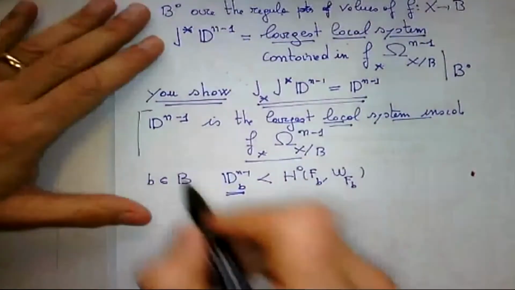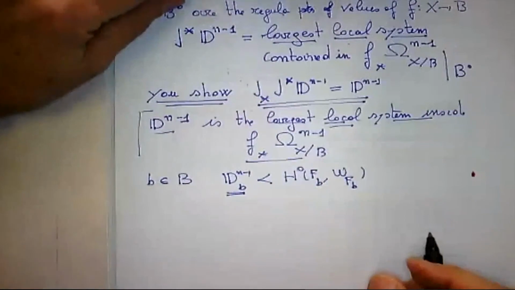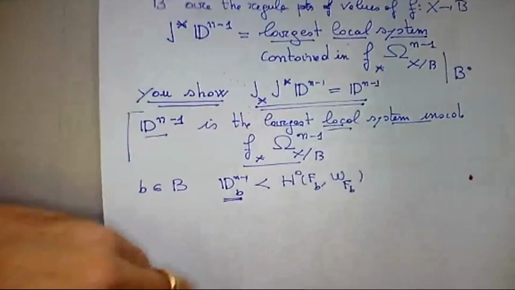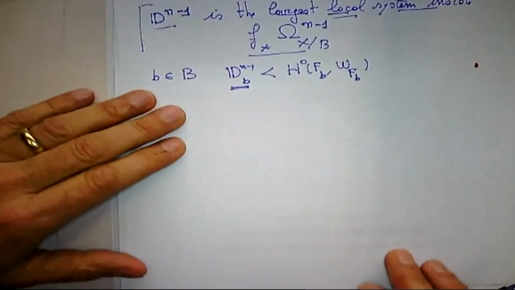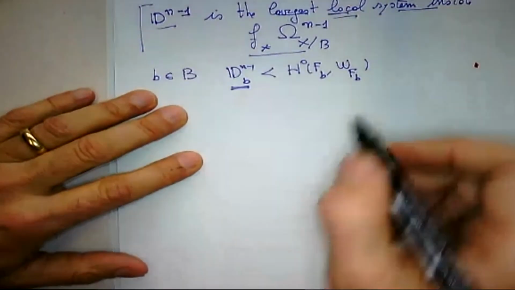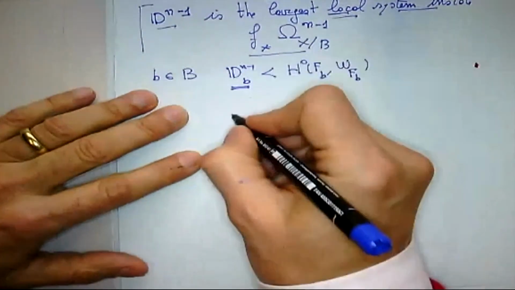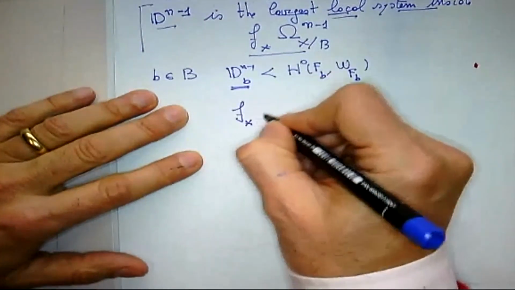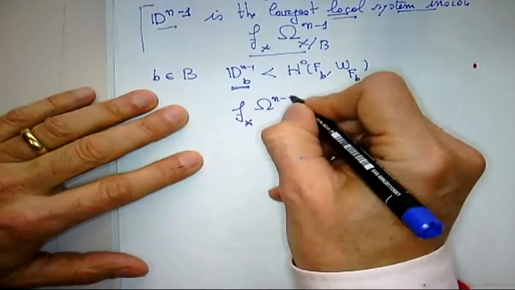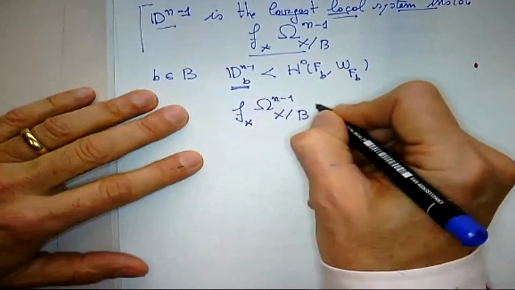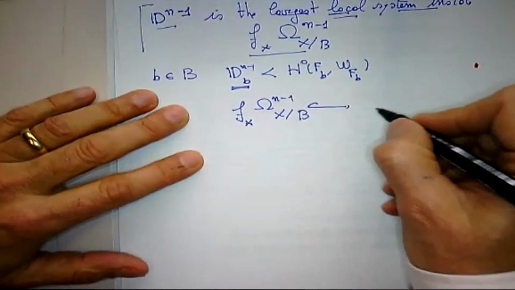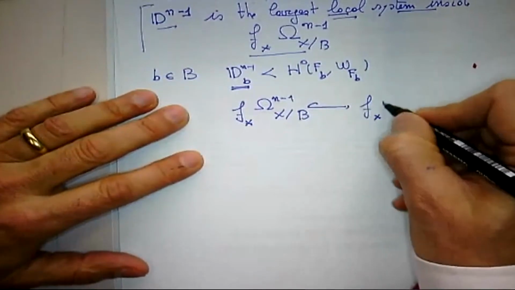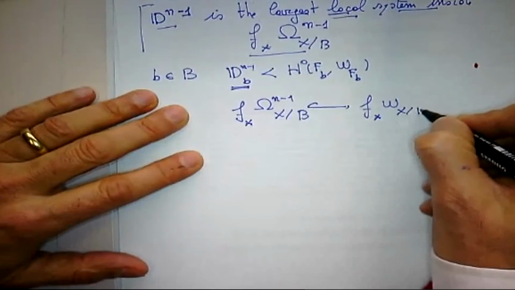Why is this object important? Clearly, because from all the sequence I've shown you, but otherwise take it for granted for the moment, because it's purely linear algebra, you have an inclusion in the relative canonical sheaf, in the push forward of the relative canonical sheaf.